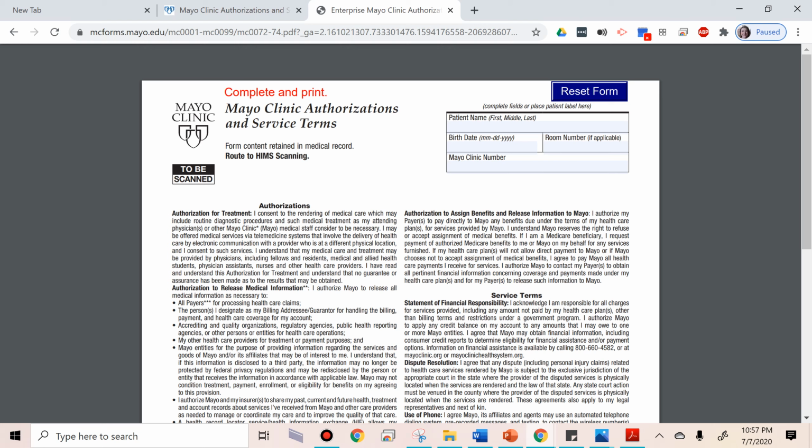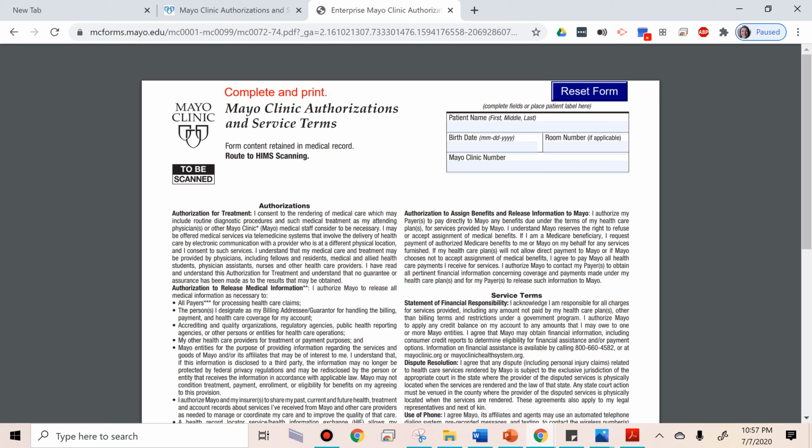It says authorization for treatment. I consent to the rendering of medical care which may include routine diagnostic procedures and such medical treatment as my attending physicians or other Mayo Clinic medical staff consider to be necessary. I may be offered medical services via telemedicine systems that involve the delivery of healthcare by electronic communication with a provider who is at a different physical location, and I consent to such services.